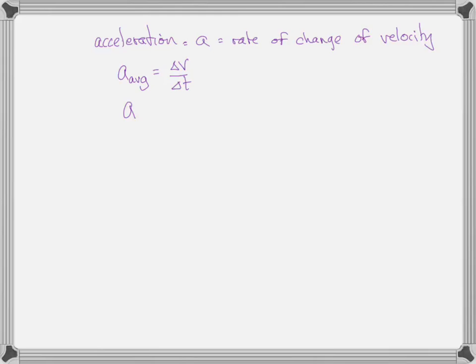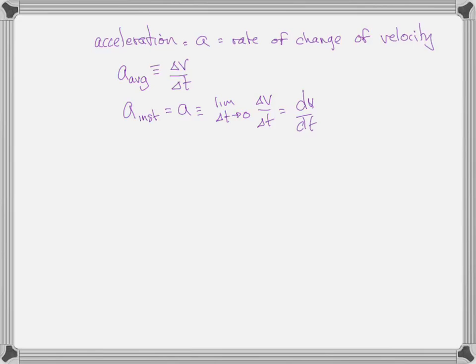And in the same way, we've got the instantaneous acceleration, which is just a, these are definitions, which is defined as the limit. How does the instantaneous velocity change over a very small time, right? At an instant, delta v over delta t, and that is dv/dt.